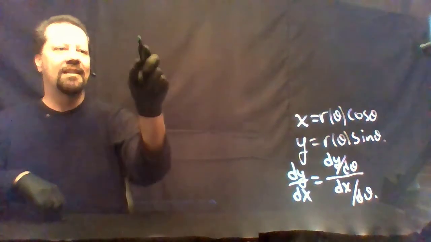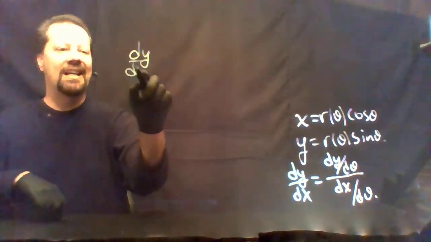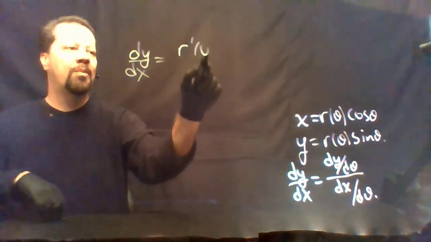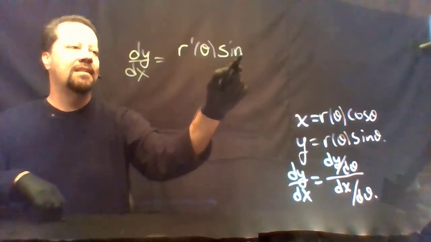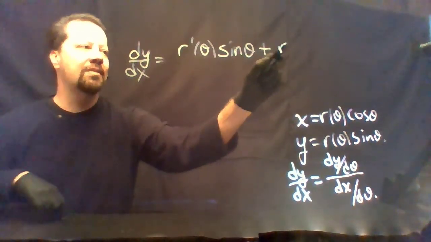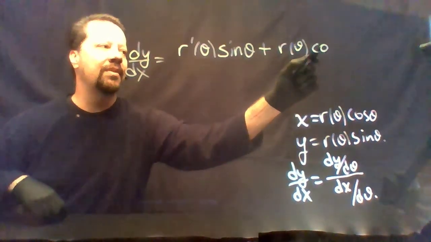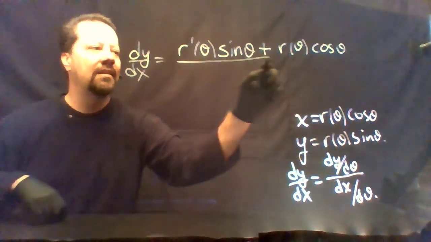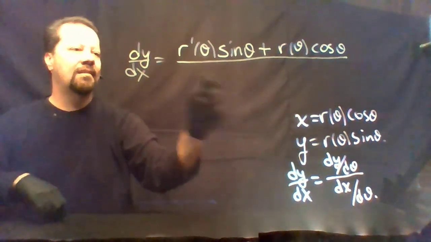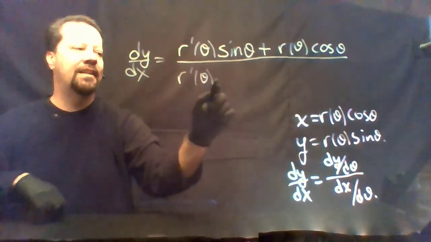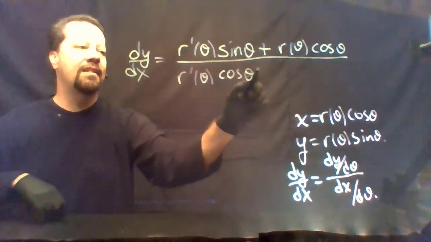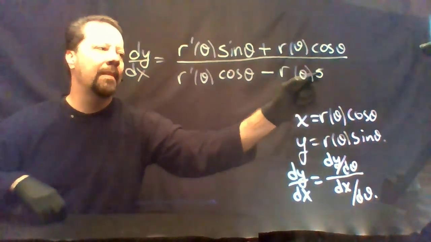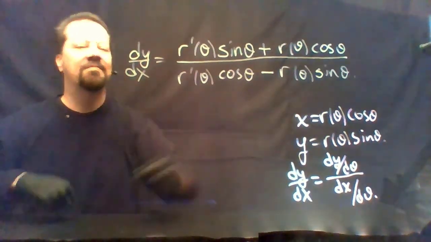It follows then that dy dx is r prime of theta sine theta plus r of theta times cosine theta, applying the product rule, divided by r prime of theta cosine theta minus r of theta sine theta.